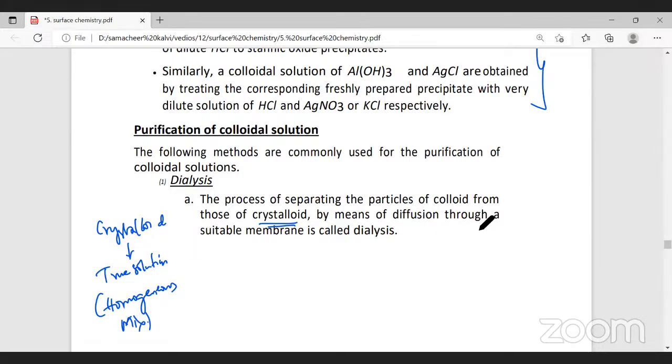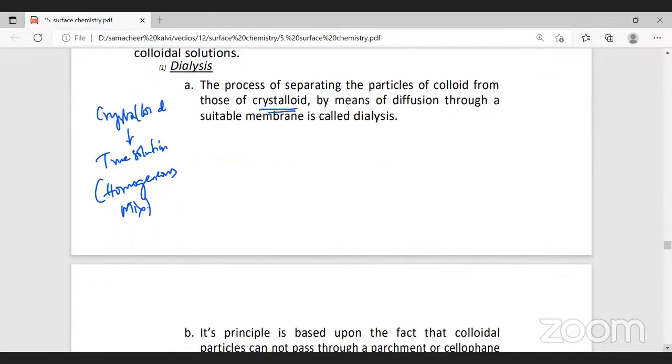Remember, a process of separating the particles of colloids from those of crystalloids by means of diffusion through a suitable membrane is called dialysis.